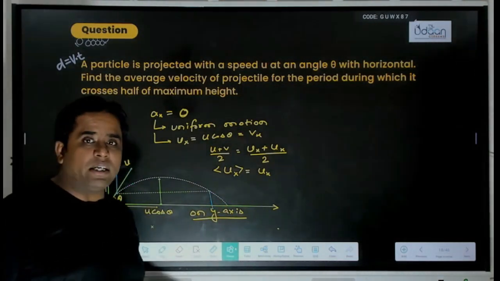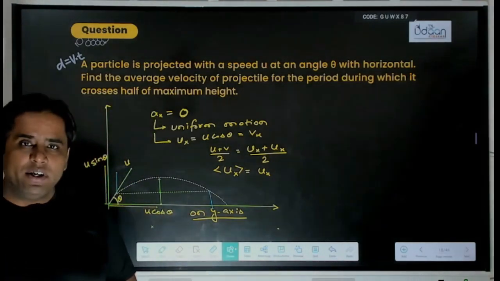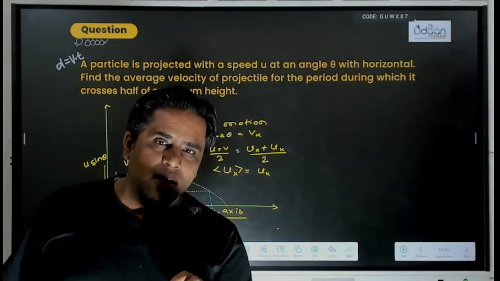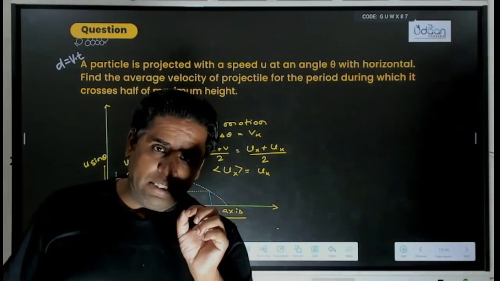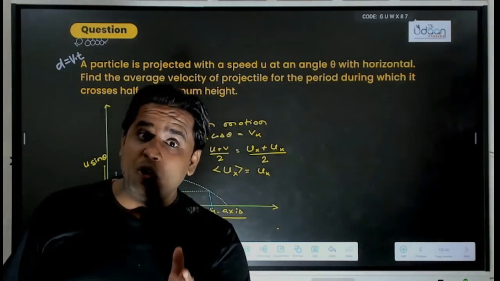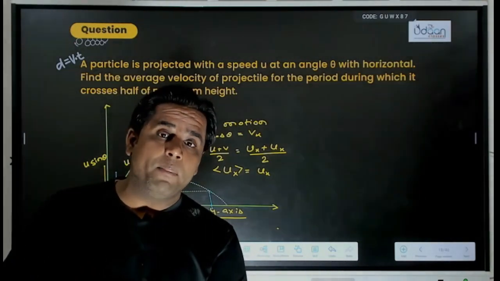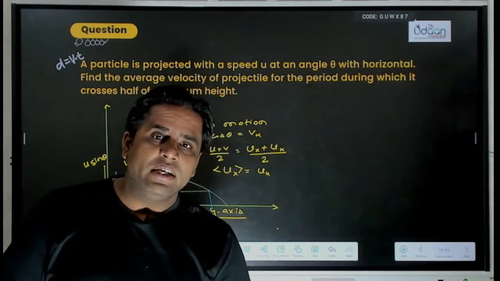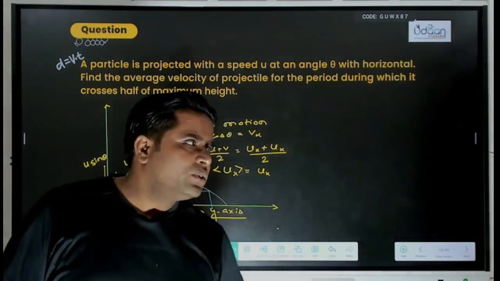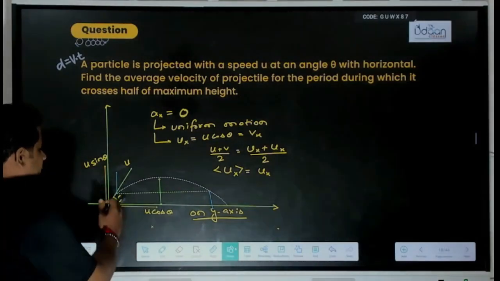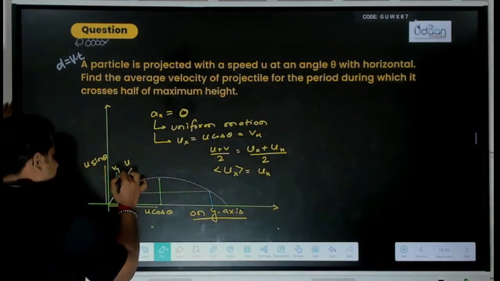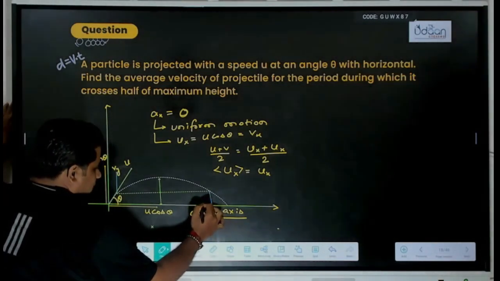Because it is taking place under the influence of acceleration due to gravity, and in the topic of acceleration due to gravity, you could have observed that it follows the symmetry. Symmetry means whatever the value of velocity is on this side of the motion, at the same height the same velocity will be there on the other side of the motion. So whatever the value of velocity was on this side, if this is Vy, the same velocity will be there on this side.